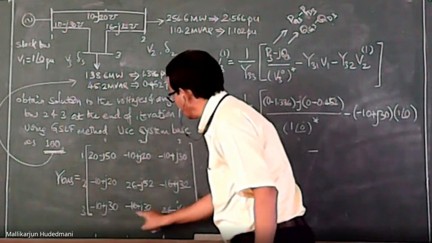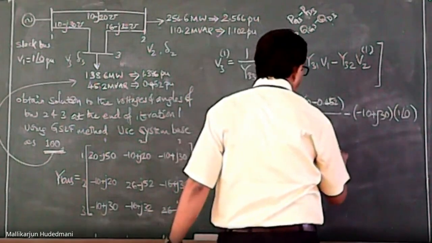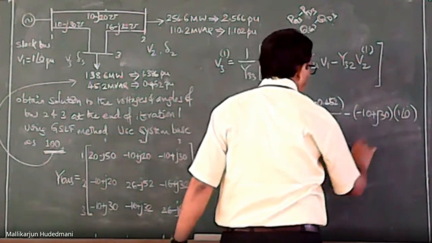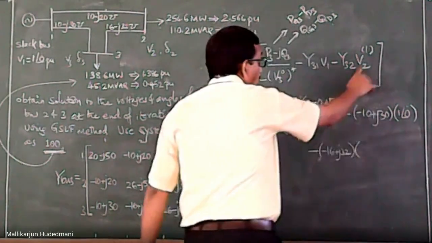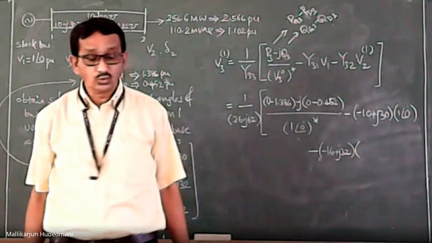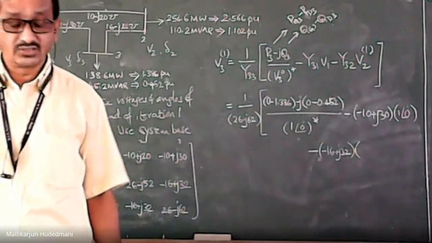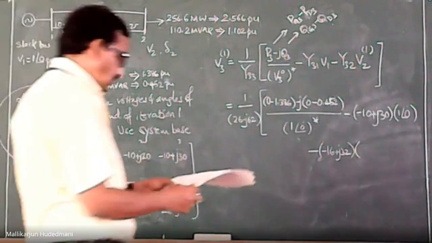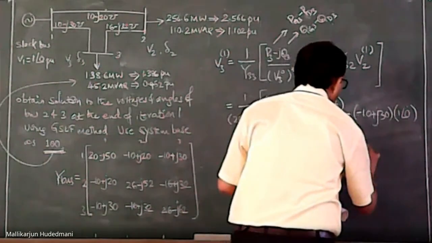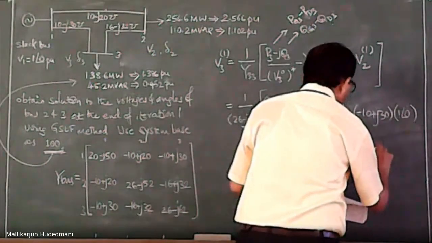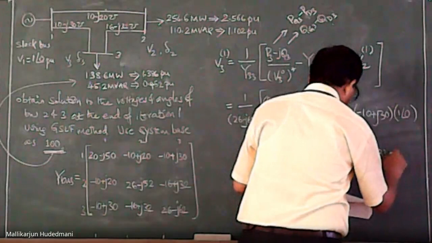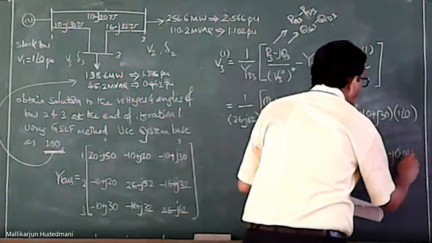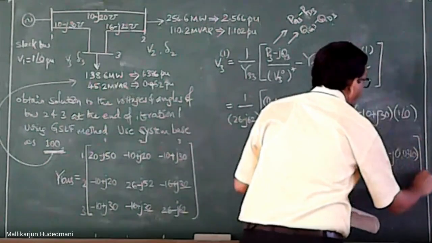This column, minus 16 plus j32, into V2(1), the best solution of the voltage of bus 2 from the previous step, which we obtained as 0.9633 minus j0.0310.